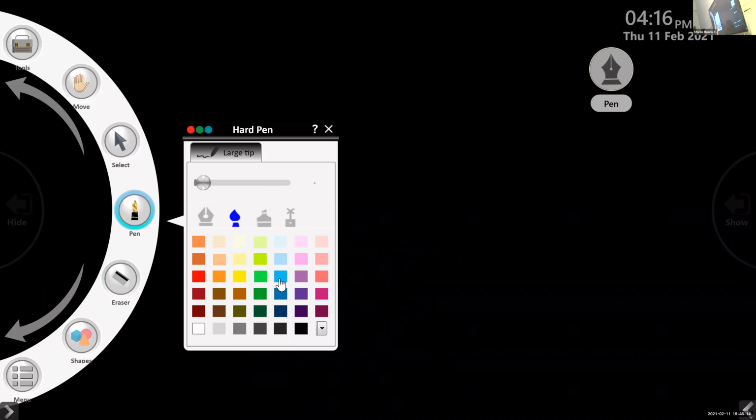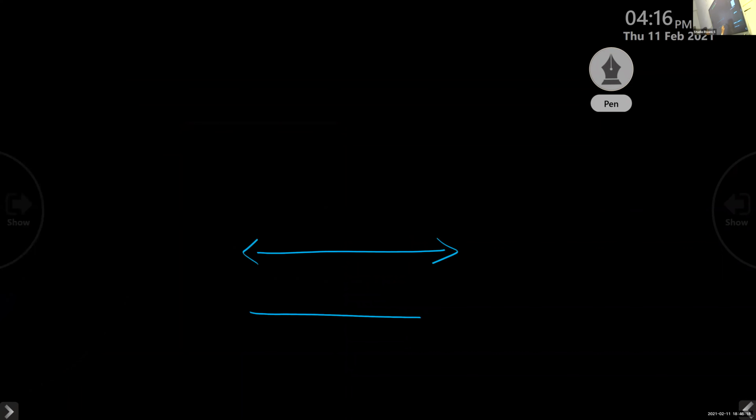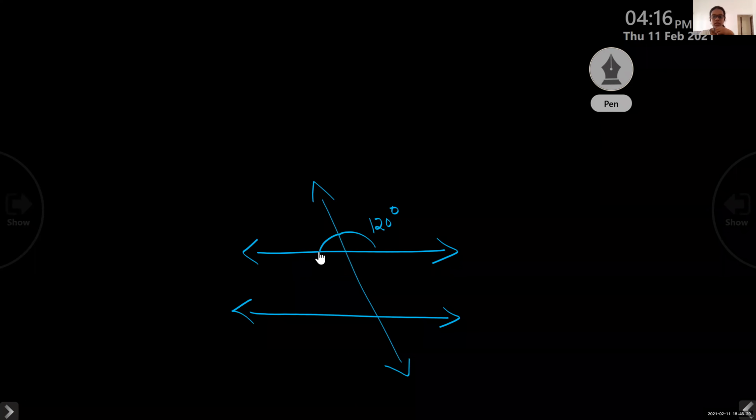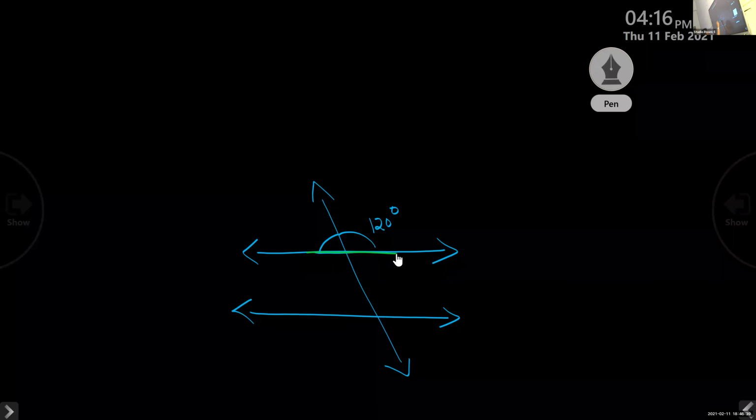If I am giving 120 degrees, what will be the angle here? 180 minus 120, because this forms a linear pair. So this will be 60 degrees.